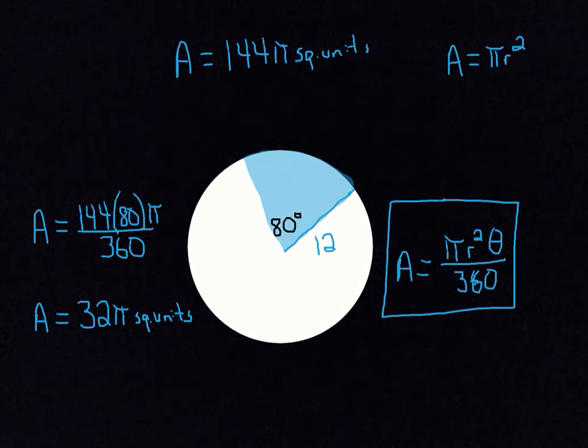Now, let's take a look at one final thing, and that is how to find the area of a segment. To find the area of a segment, there's no formula here. Basically, what we have to do is take a look at the radii, so from here to here, and from here to here.